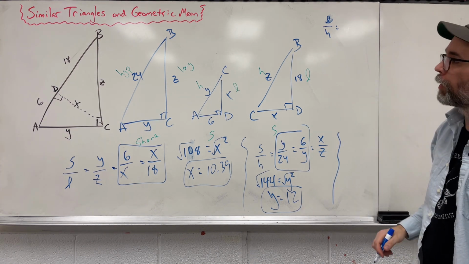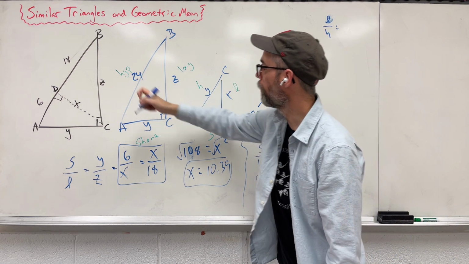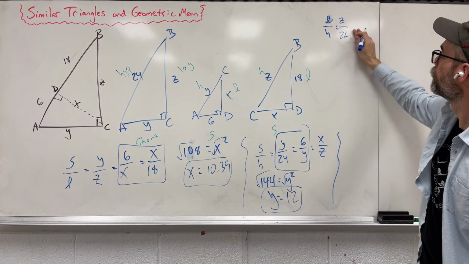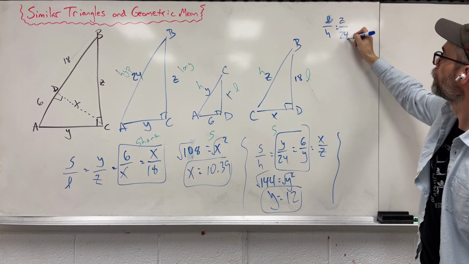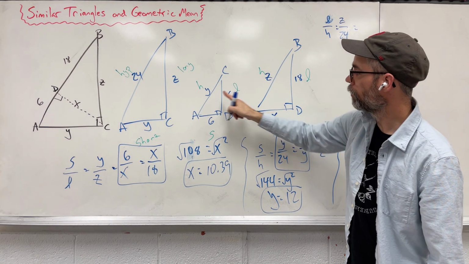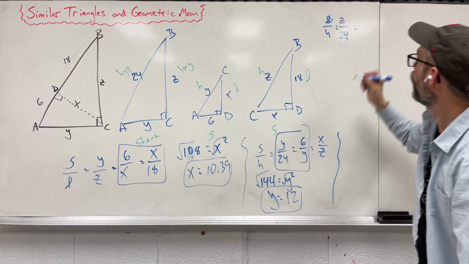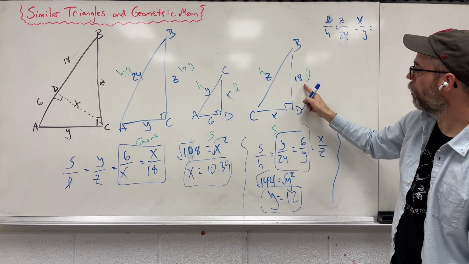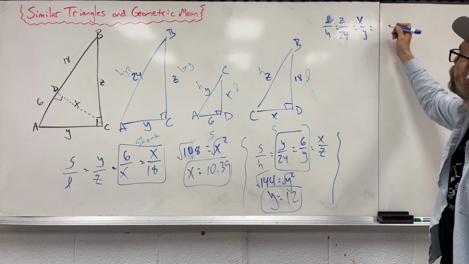All right, so long over hypotenuse: z over 24. Long over hypotenuse, x over y. And then long over hypotenuse, 18 over z.